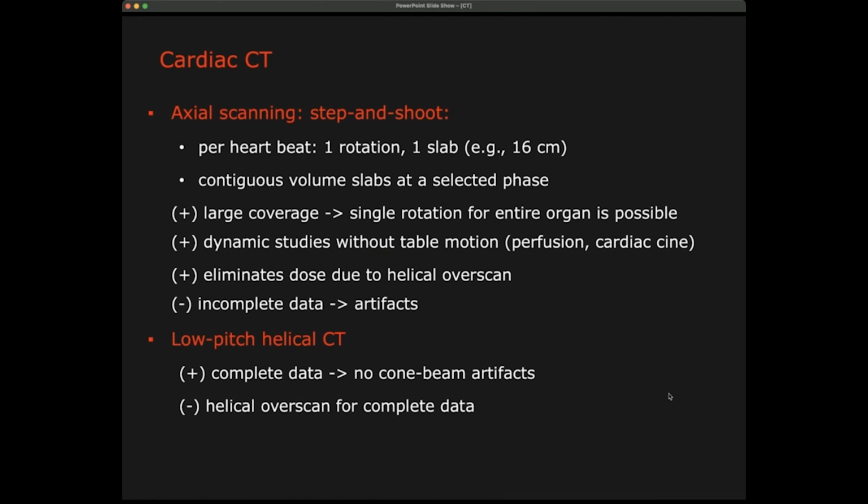So if we have the beating heart, and we know we need at least 180 degrees of projections in order to reconstruct it, that means that for every position of the beating heart we would actually need this amount of projections. Because otherwise, if the heart is beating, the distribution of our absorbent, so our X-ray attenuation, is changing.